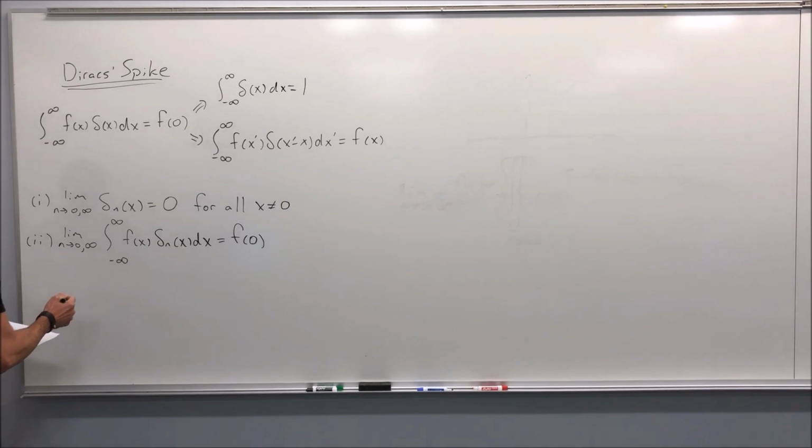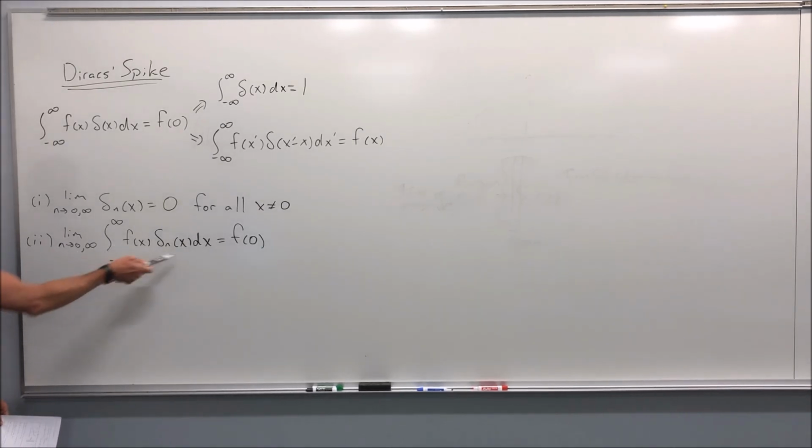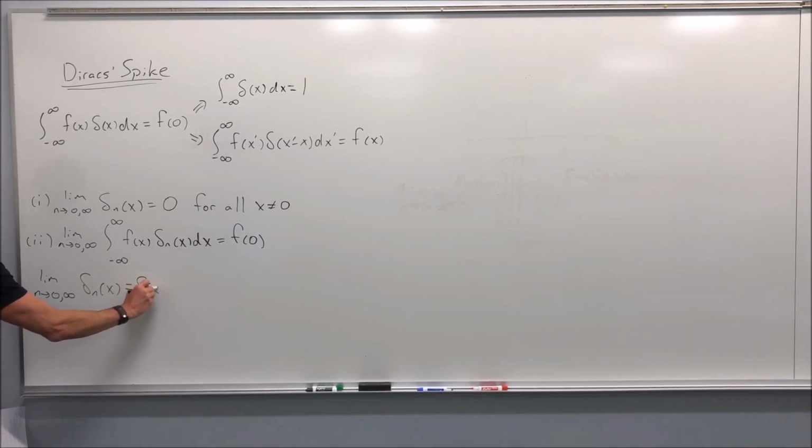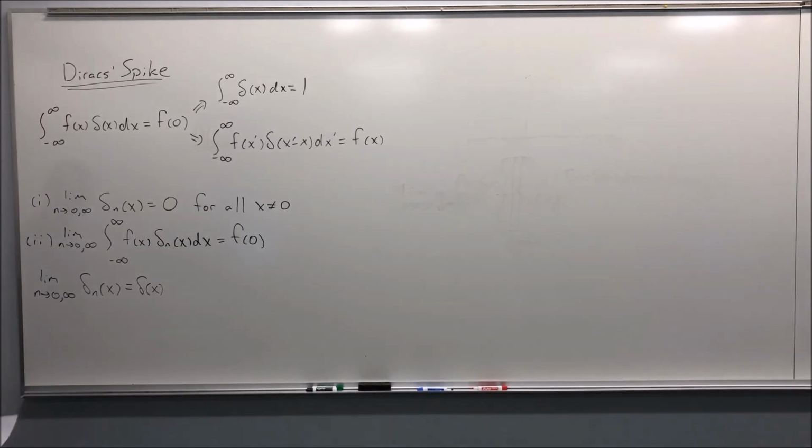Now, first of all, this is a limit of an integral, right? Limit outside of the integral sign. Now, if I wanted to call the limit of delta_n(x) by the name delta(x), and we're going to later prove that that is actually the delta function, does this expression become this expression?